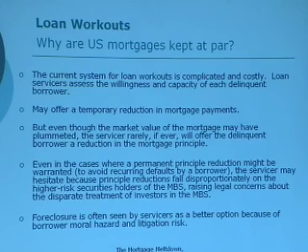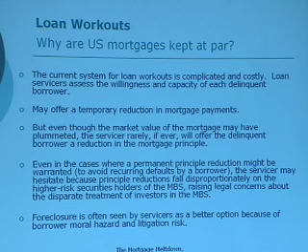So let me give a brief description of loan workouts in the United States and why U.S. mortgages are usually kept at par. The current system of loan workouts is complicated and costly. Loan servicers assess the willingness and capacity of each delinquent borrower. The servicers may offer a temporary reduction in mortgage payments, but even though the market value of the mortgage may have plummeted, the servicer rarely, if ever, will offer a delinquent borrower a reduction in mortgage principal.